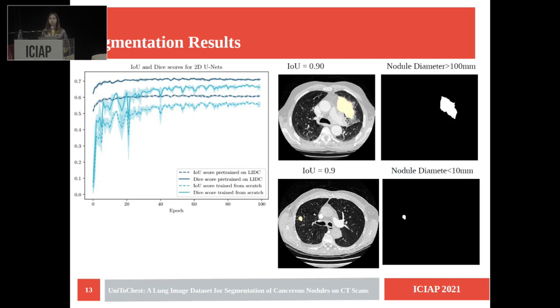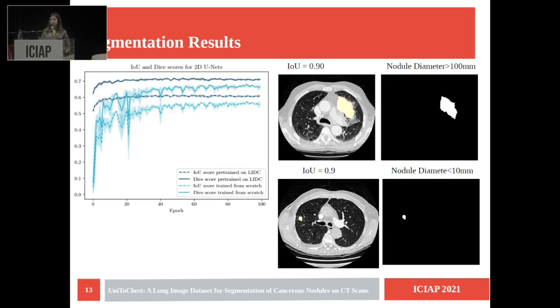So that gives us a 3% improvement in the dice score. But this improvement was observed in the smaller nodules, which makes sense because the LIDC has more smaller nodules and we have a larger and more diverse nodule range.